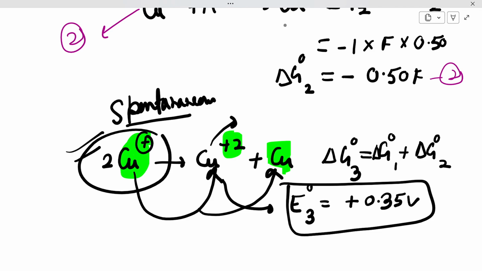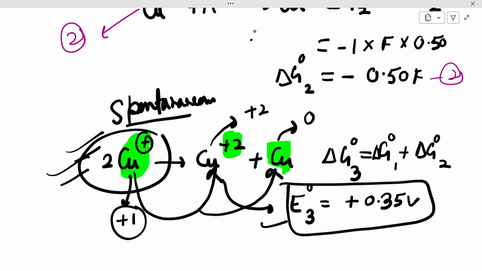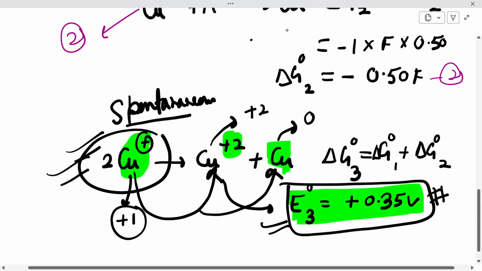So what is a disproportionation reaction? The same element's oxidation number increases as well as decreases. The oxidation number of Cu plus 2 is plus 2, and in Cu, in the elemental state, the oxidation number is 0. Here the oxidation number of Cu plus 1 is plus 1. So Cu plus 1 is getting oxidized as well as getting reduced. So we can say yes, Cu plus 1 can disproportionate, because delta E naught 3 for this reaction is a positive value.